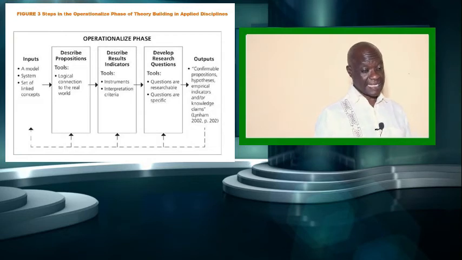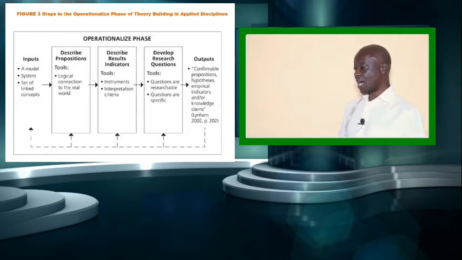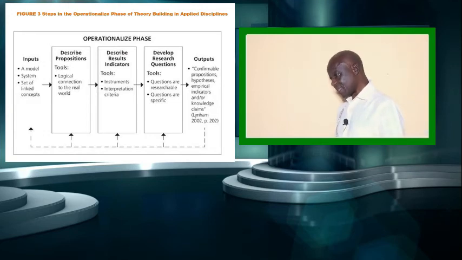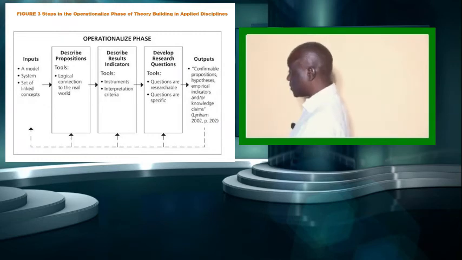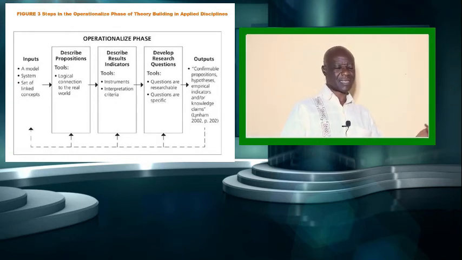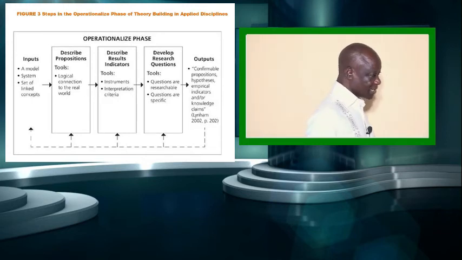And these are described here with the specific application to operationalization work. So the criteria that we're going to look at for assessing the propositions, results indicators, and research questions, there are about 3 which are scattered in the literature, but you can pick any journal article on theory building and try to articulate these issues.